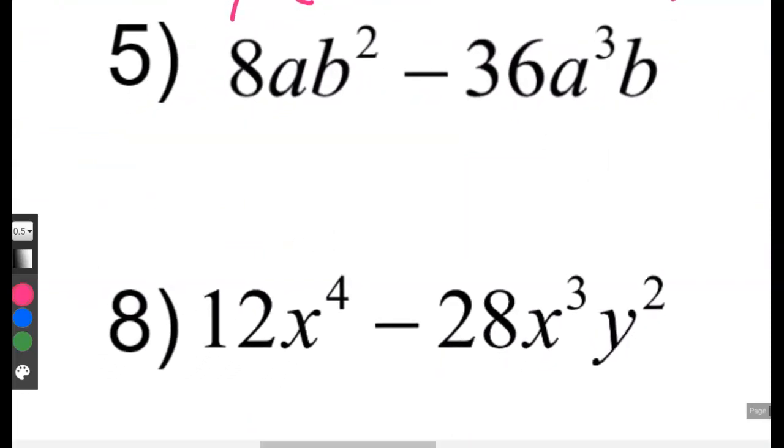I'm doing number 5 because there are multiple things I can pull out. Multiple GCFs here. I have 8ab squared minus 36a cubed times b. Let's look at the whole numbers first. What is the greatest common factor between 8 and 36?